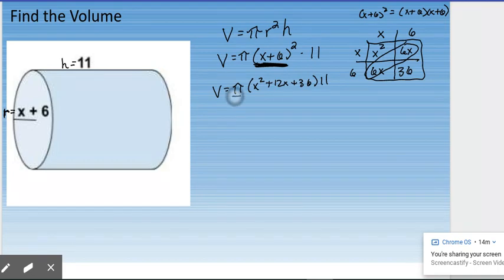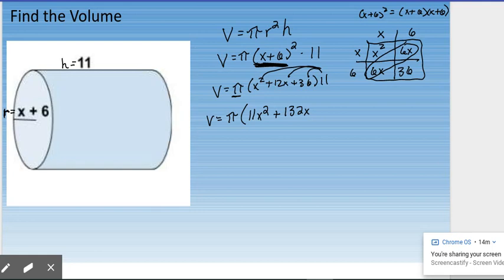Now, I'm not going to mess with the pi, but I am going to multiply that 11 in here. So let's go ahead and distribute that 11. I'm still going to have the pi here. So 11 times x squared is 11x squared. 12x times 11 is positive 132x.